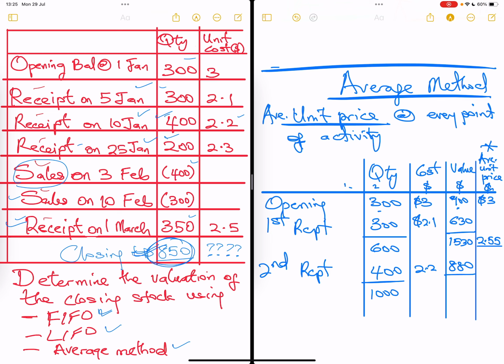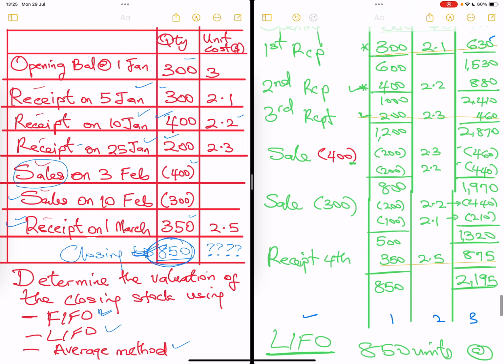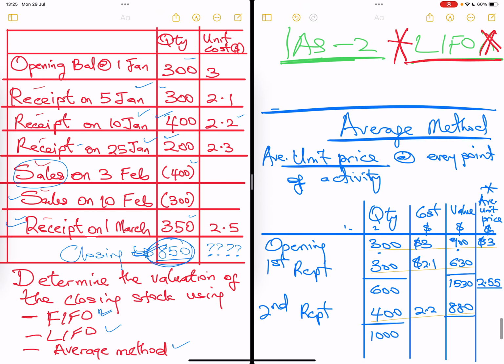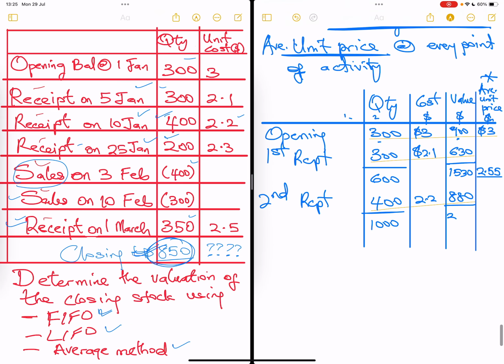However, the total value is 1530 plus 880, that's 2410. So your weighted average price, which you must calculate after every activity, is 2410 divided by 1,000, which is 2.41. So you have 2.41. That's how you have closed.